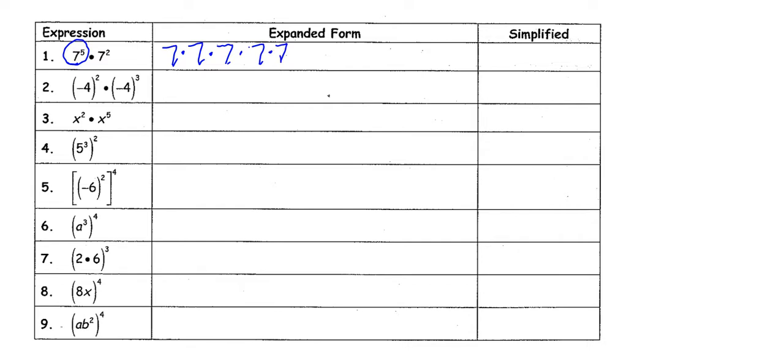That's what the exponent tells us. 7 squared, I multiply that out twice, so 7 times 7. And then if we count all those, since it's all multiplication, it's going to be 7, which is the base. And then we count how many of those there are. There's 7, so that's 7 to the 7th power.